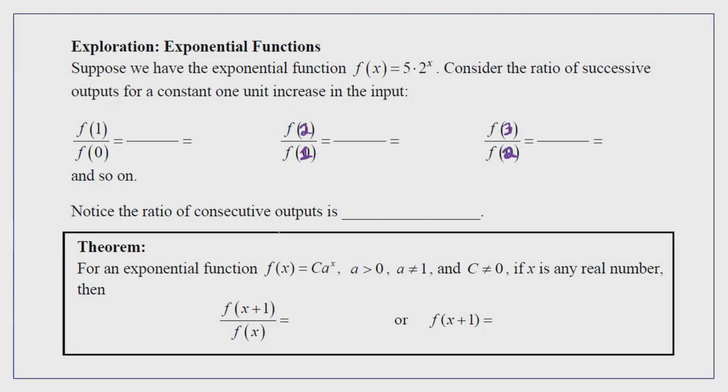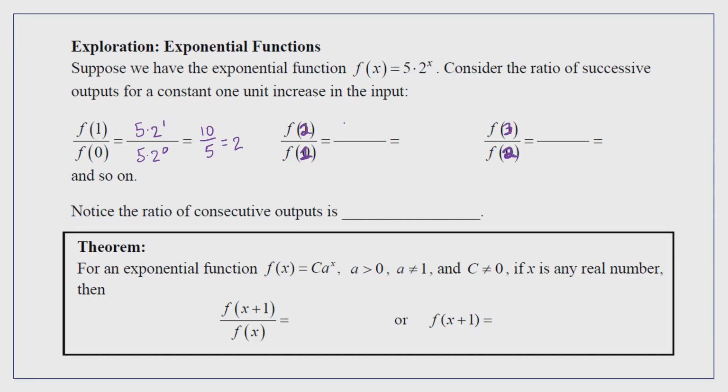All right, so f of 1 would be 5 times 2 to the power 1, and then f of 0 would be 5 times 2 to the power 0. So we would get 10 over 5, which equals 2.